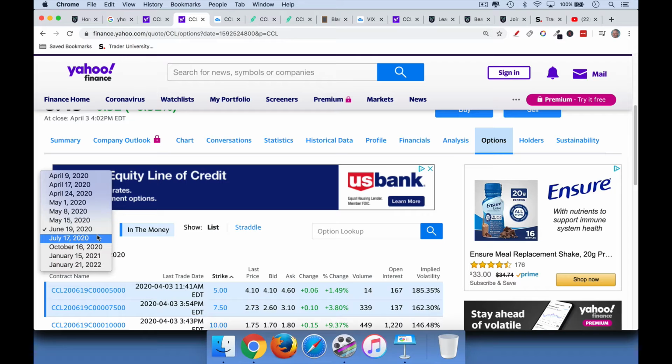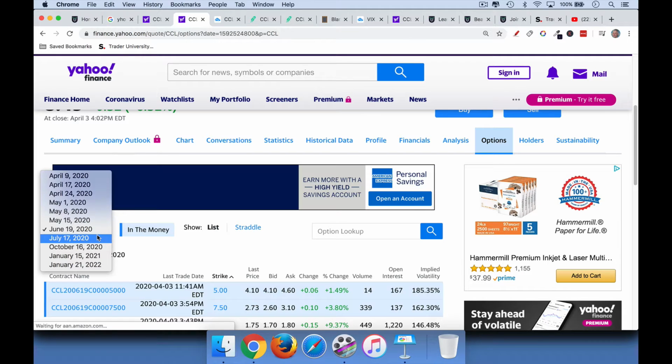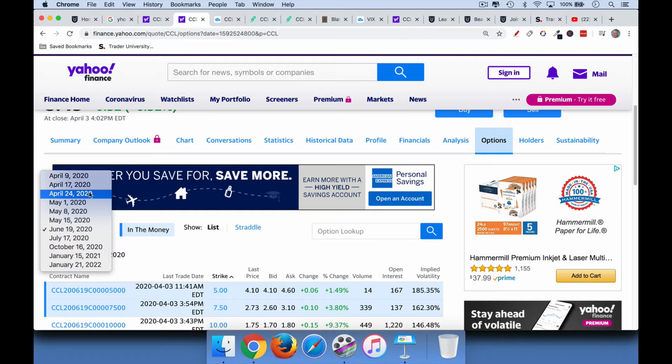And it's sort of more of an art than a science, deciding which expiration to pick. Generally, the most options decay happens in the last 30 days before expiration. So if you're going to pick a really close expiration, like April 9th, 17th, 24th, you have to be expecting a really big move really quickly.